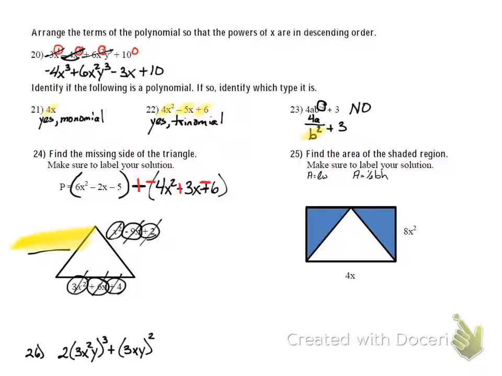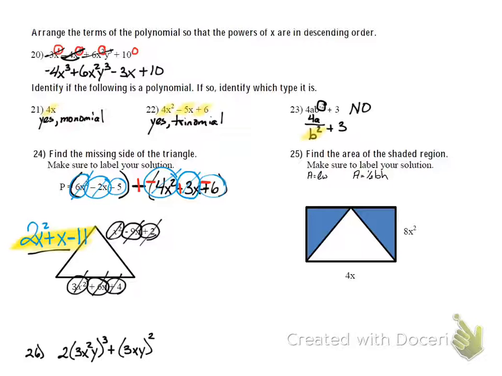So now what I have here is 6x squared minus 4x squared, which gives me 2x squared. And then negative 2x and positive 3x gives me a positive 1x. And then negative 5 and negative 6 gives me negative 11.